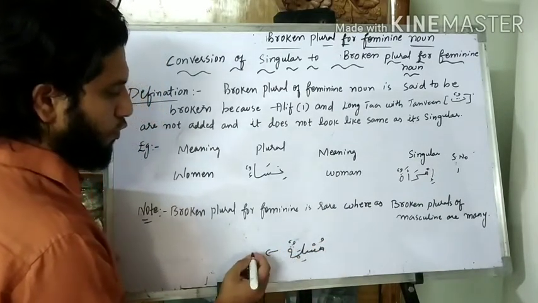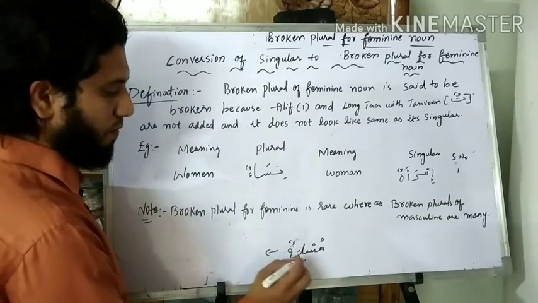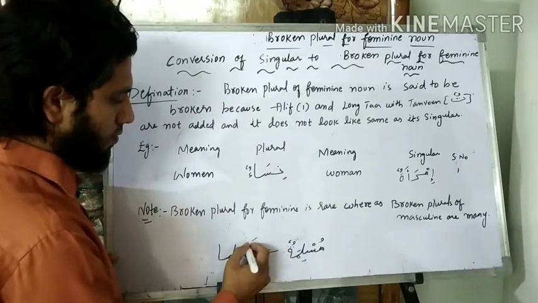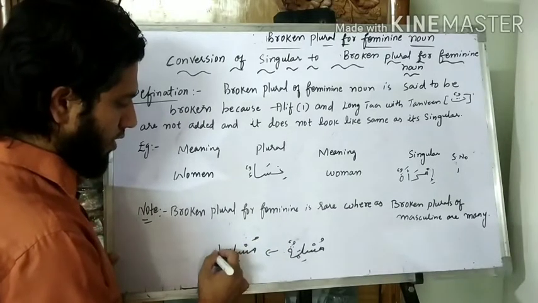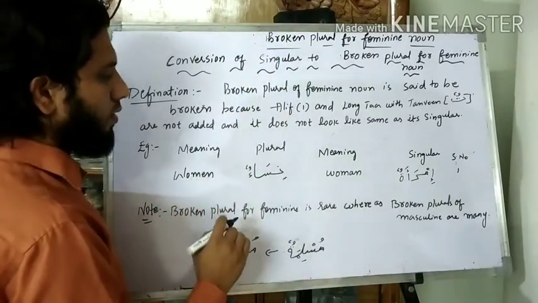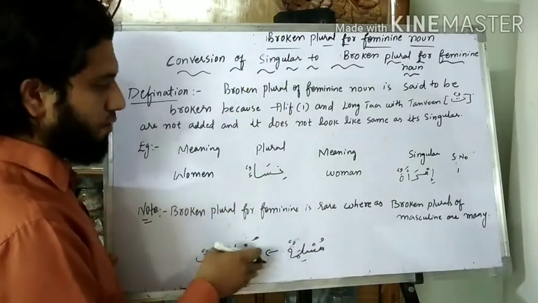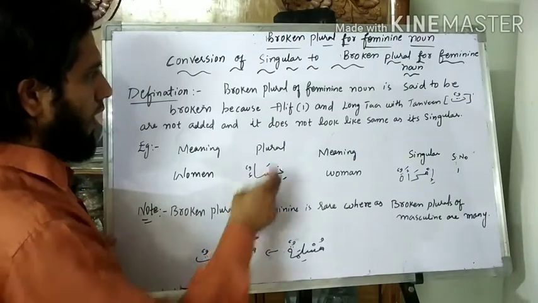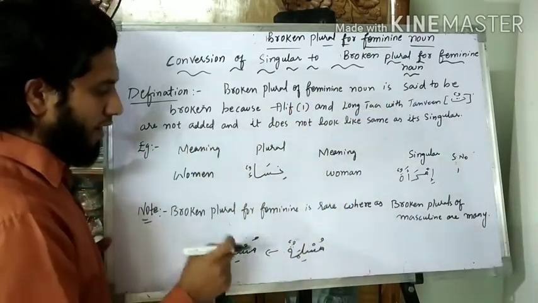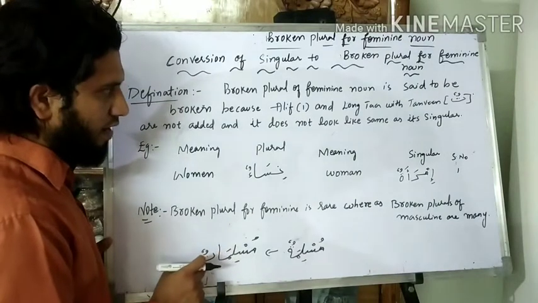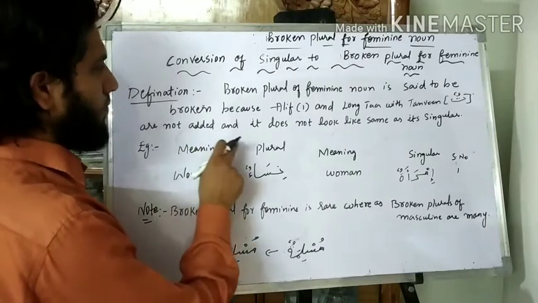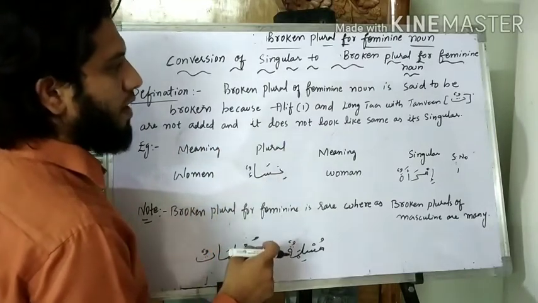The conversion for unbroken feminine noun is muslima, muslimatun. But here in this broken, it does not happen the same. Alif and long ta with tanween are not added. In broken, it does not look like same as its singular.